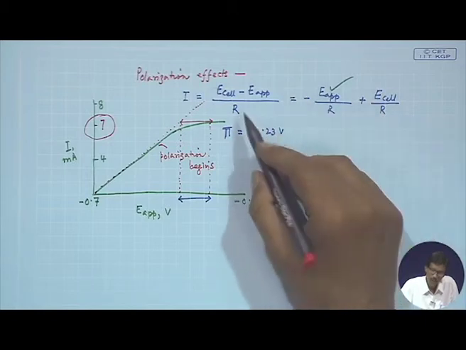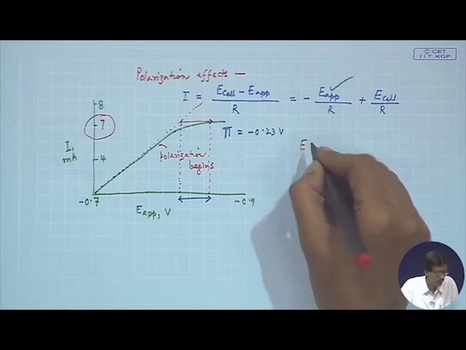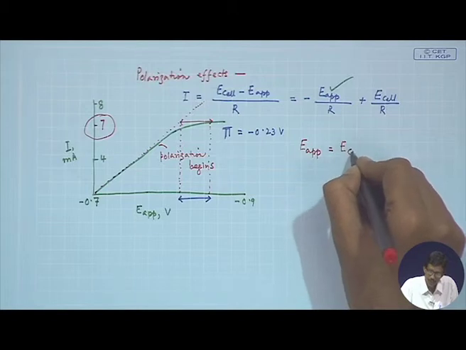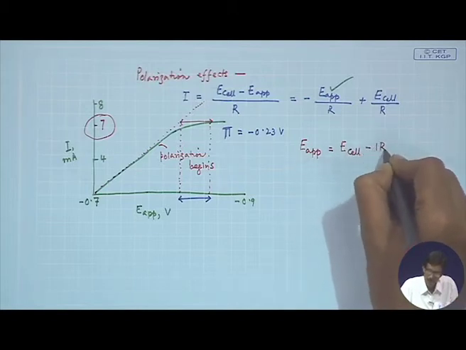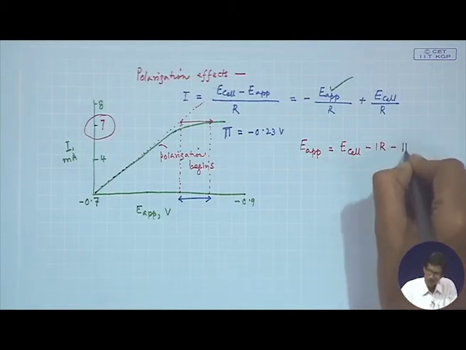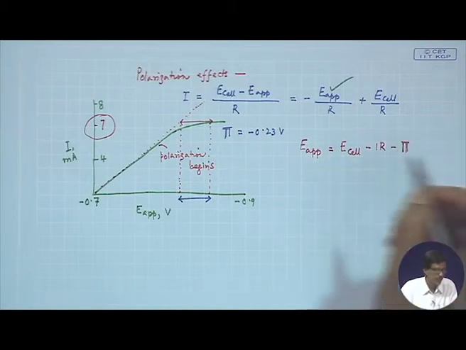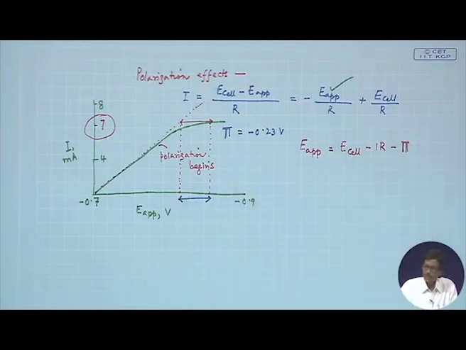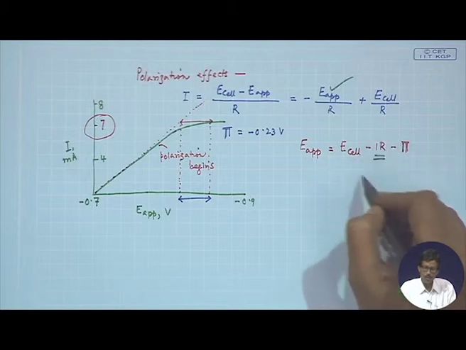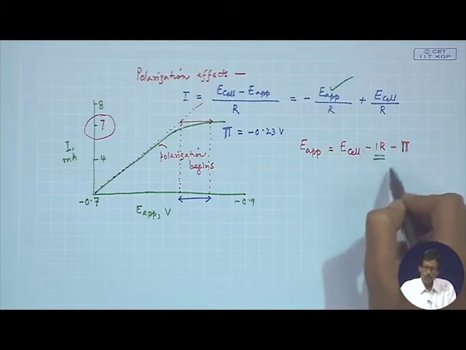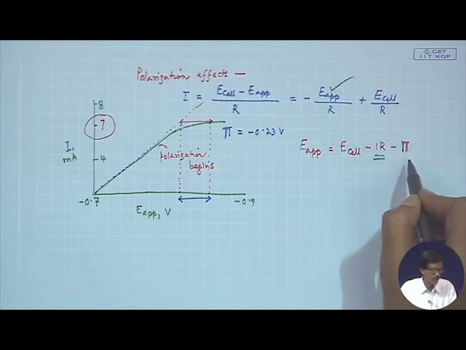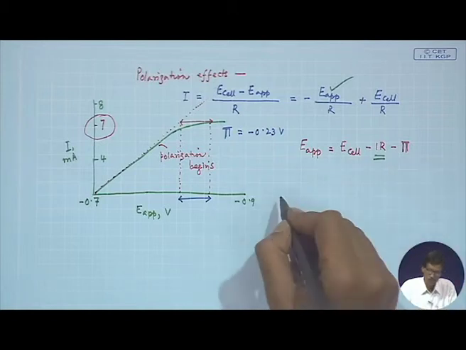So, the equation we were looking at: E app is therefore E cell minus IR drop, the ohmic potential we have discussed earlier, plus your Pi value, that means your polarization effect. As we have seen, the IR drop or ohmic potential value is due to the solution of the electrode cell system, but the polarization is the corresponding value for your electrodes.